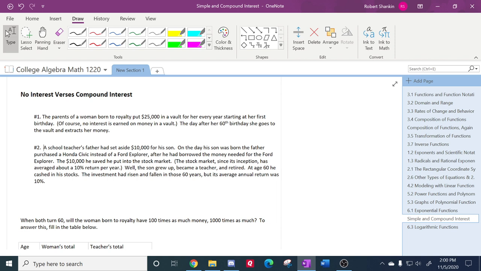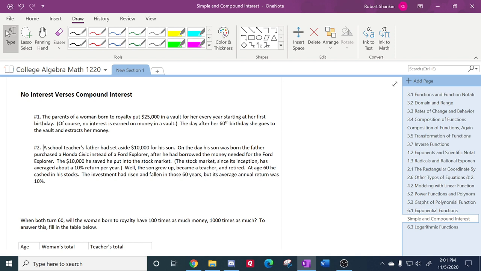Now the stock market, since its inception, has an average return of about 10% per year. Well, the son grew up, became a teacher, and retired. At age 60, he cashed in his stocks. The investment had risen and fallen in those 60 years, but its average annual return was 10%.